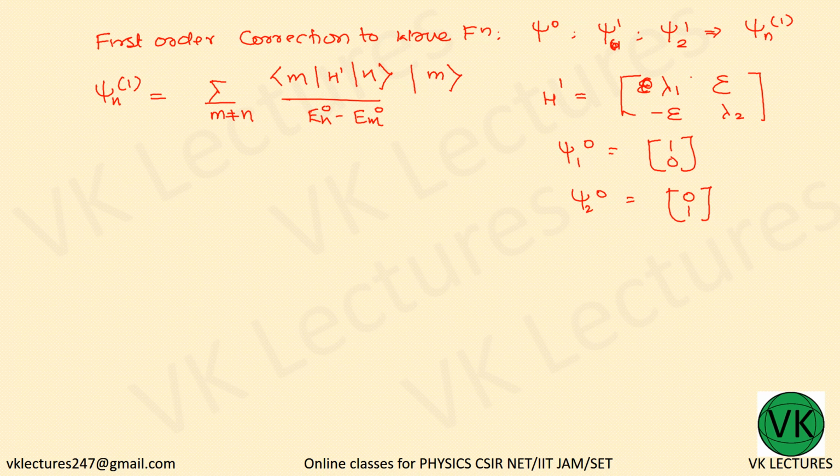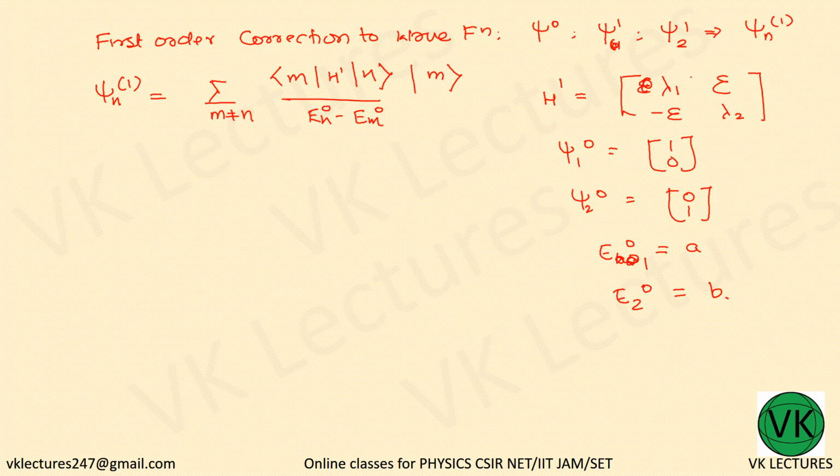And E1 naught is equal to A, E2 naught equal to B. This is what we have right now.